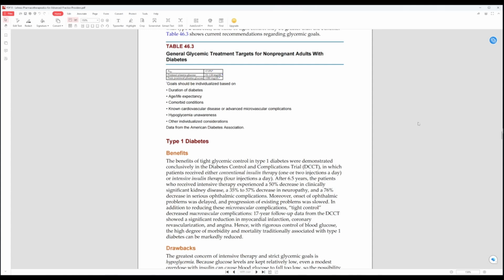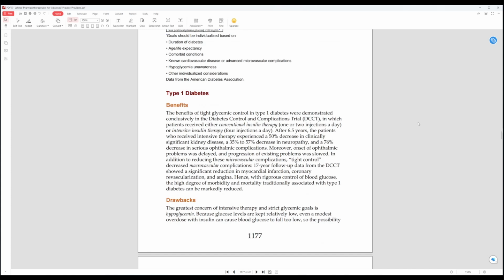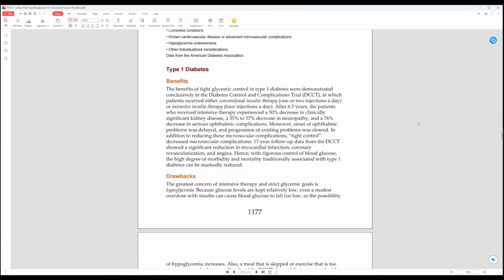So, jumping back to type 1 diabetes, the benefits. The benefits of tight glycemic control in type 1 diabetes were demonstrated conclusively in the Diabetes Control and Complications Trial, in which patients received either conventional insulin therapy or intensive insulin therapy.